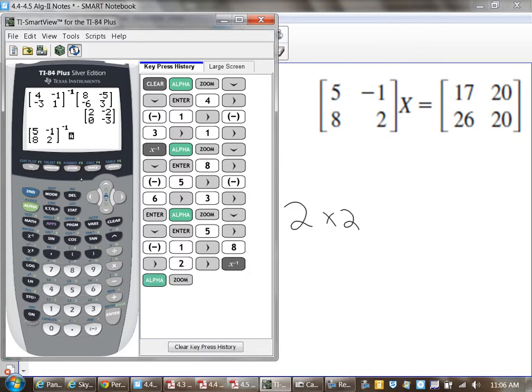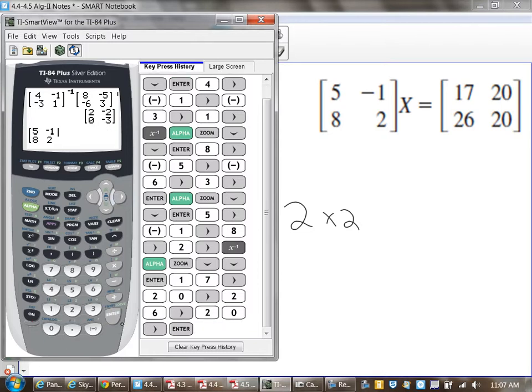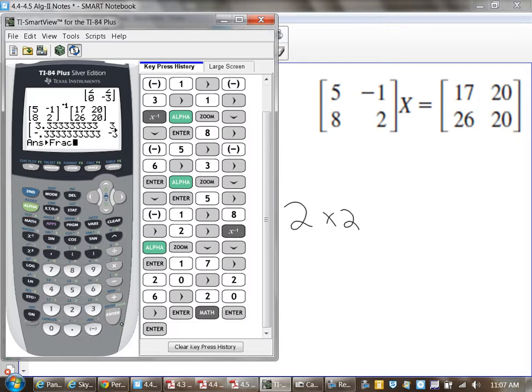Inverse, alpha, zoom. Oh, good grief. Crummy looking stuff, right? Math, enter, enter. Not so crummy now, is it?